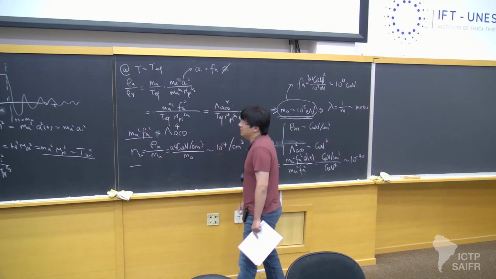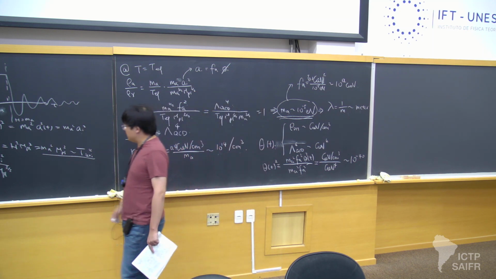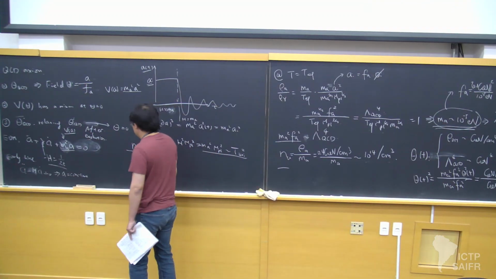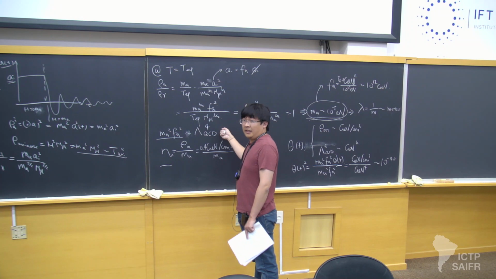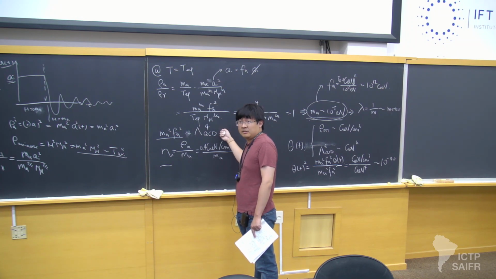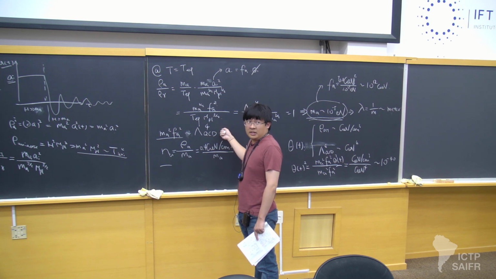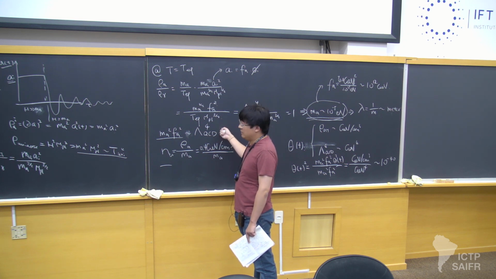In reality, the QCD axion gets a mass from QCD effects, and this potential only turns on when confinement happens. So the mass only turns on when the temperature of the universe is 1 GeV.